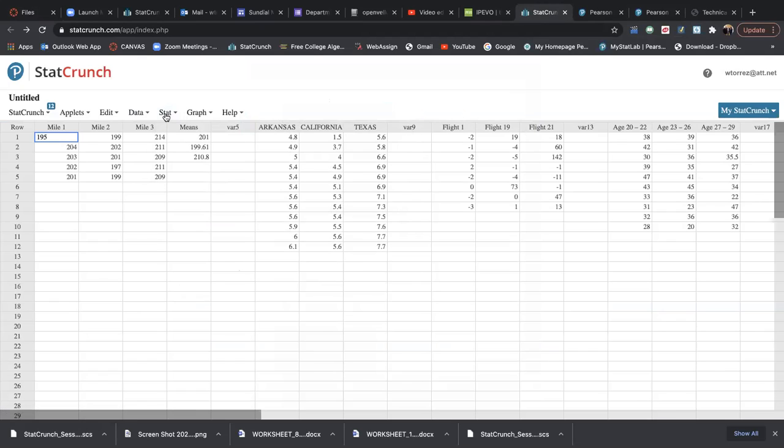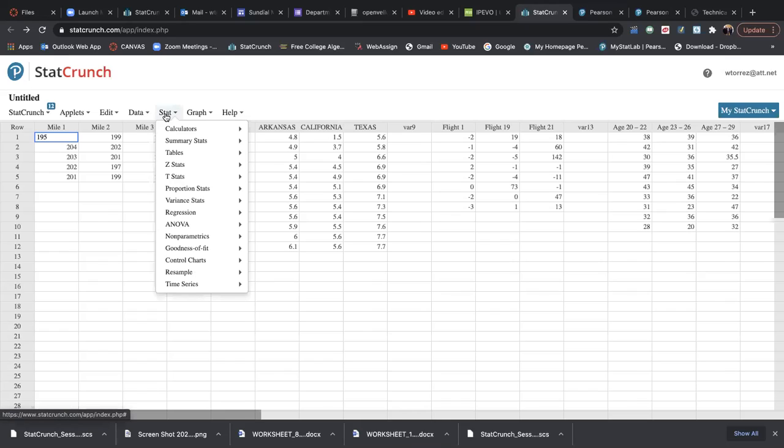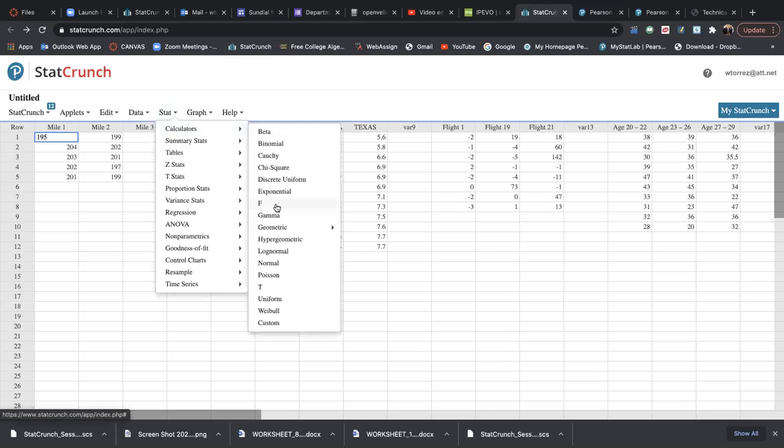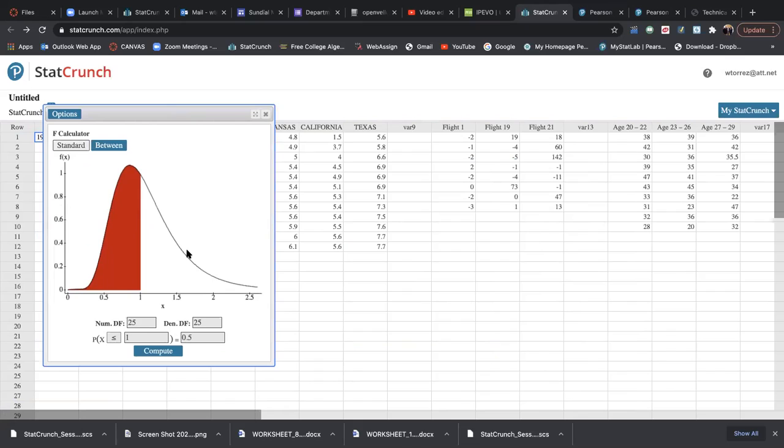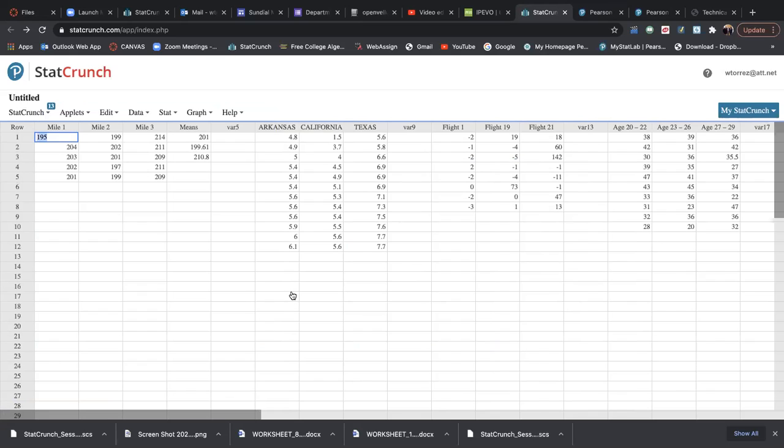And then using your F distribution calculator, you can calculate critical values for given probabilities in the tail.